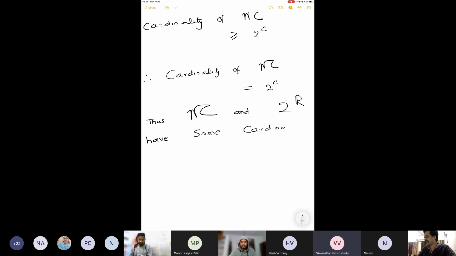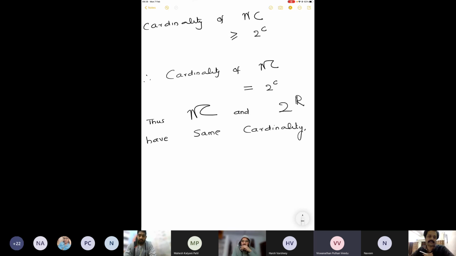You have seen examples of sets which are in 2 power R but not in M, non-measurable sets. So Lebesgue measurable sets and the power set both have the same cardinality, namely 2 power C. Okay, that's one observation.